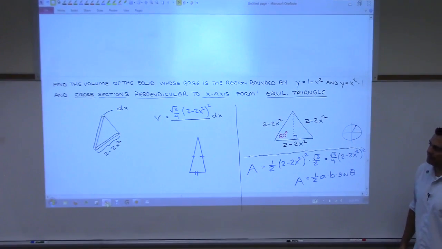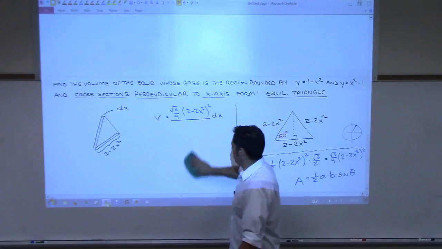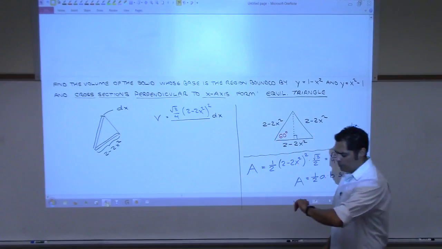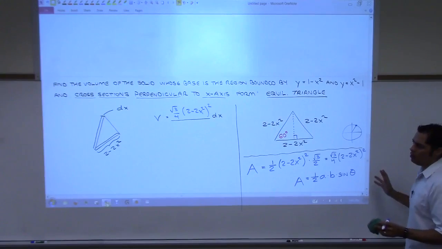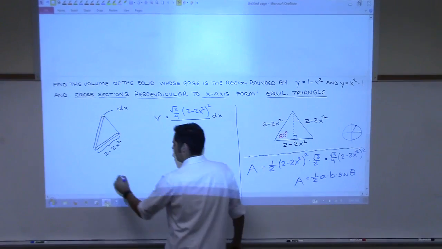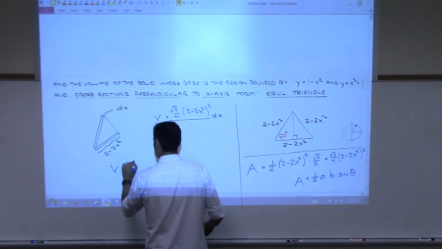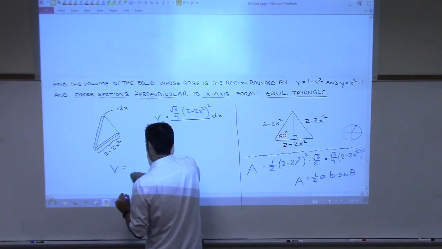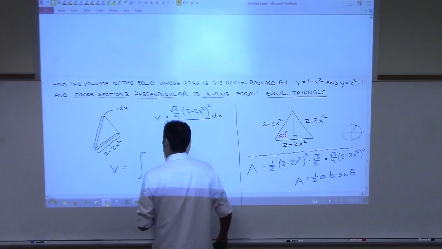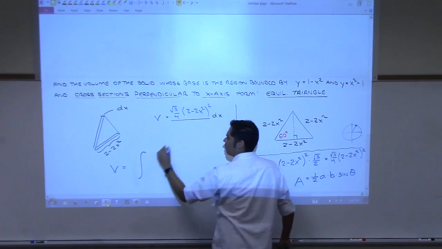Okay. Fun stuff. Let's now get our final formula. What is the volume of the whole solid? Integral, right? Do we have any constants we can pull out? Root 3 over 4 can come out.